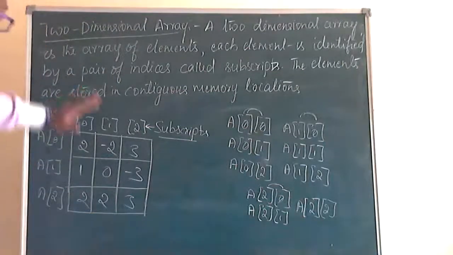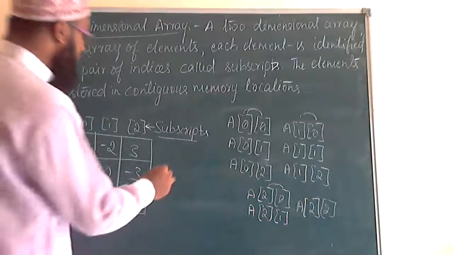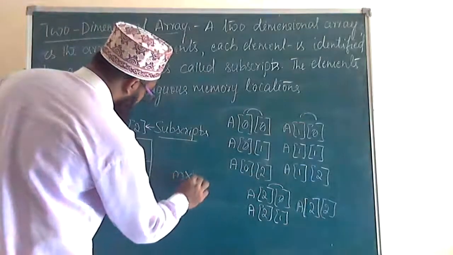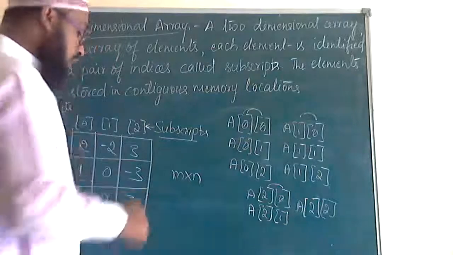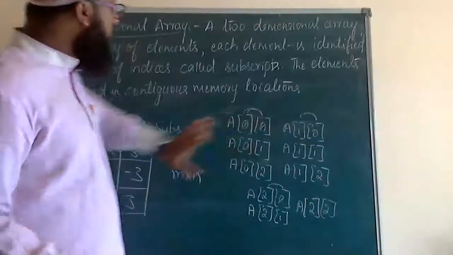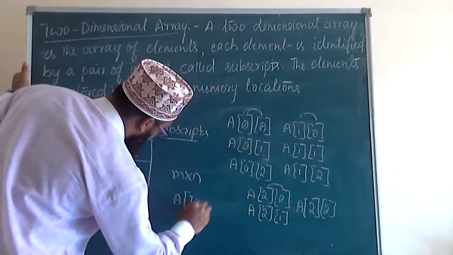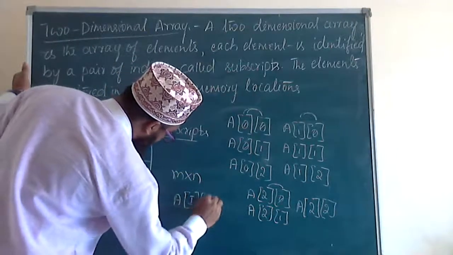Now, every array should have m into n, m rows and n columns. And this array, which is having two indices, can be represented as a of i, j.